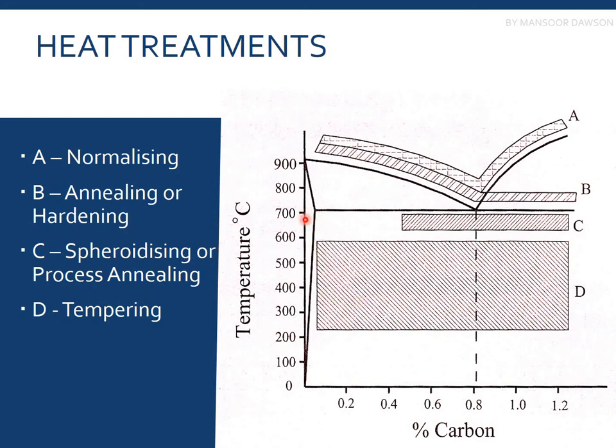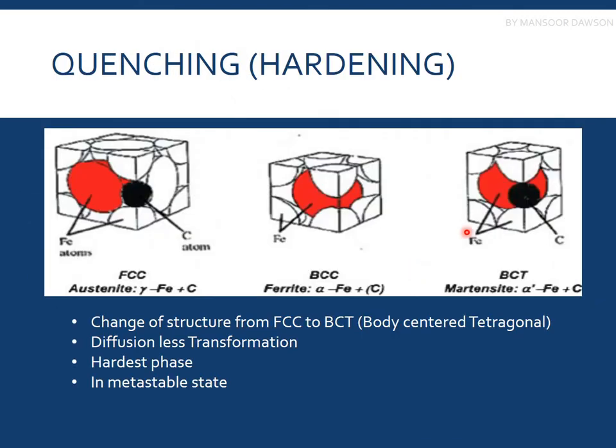So if you are heating this ferrite region to the austenitic phase, you know that the ferrite phase has a BCC structure, and the austenite phase has an FCC structure. So if you directly cool it down from FCC to BCC, it does not become BCC anymore, but it becomes BCT in fact, because of the carbon atom.